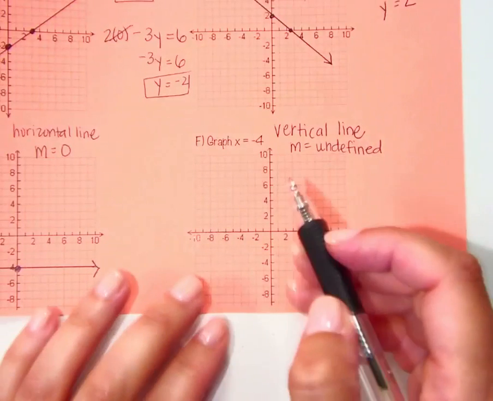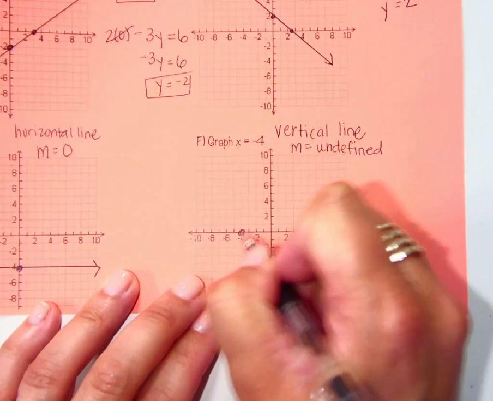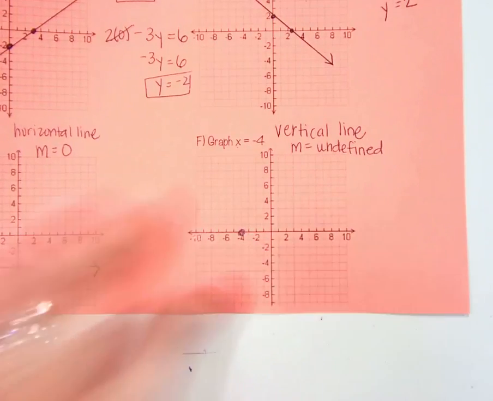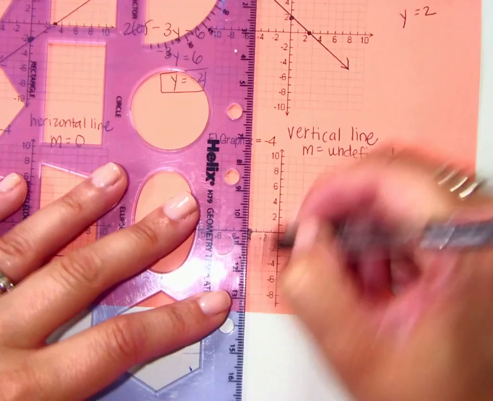In a similar way as we graphed the last one, we go on the x-axis and plot a point at -4, and then we draw in our vertical line through that point.